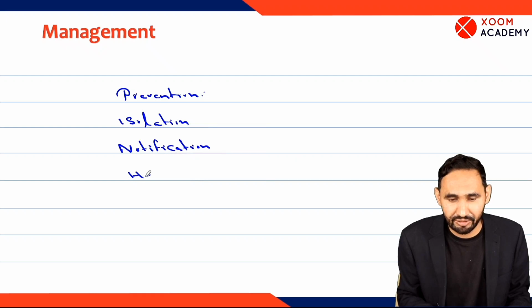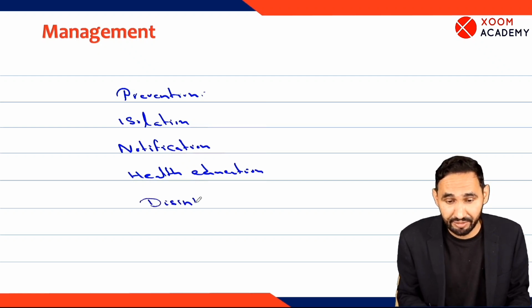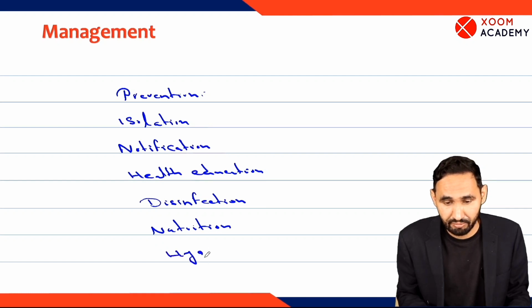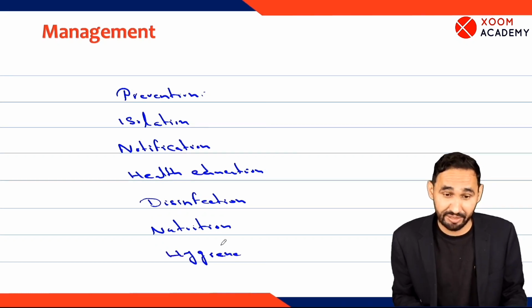Then health education: you have to educate. Then disinfection. You can improve diet. You can improve hygiene. These are the general measures.